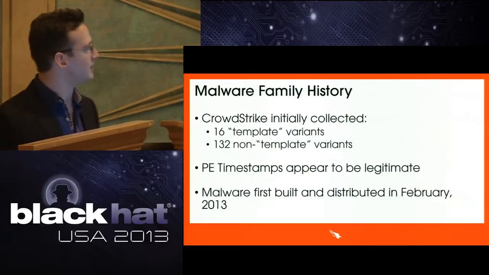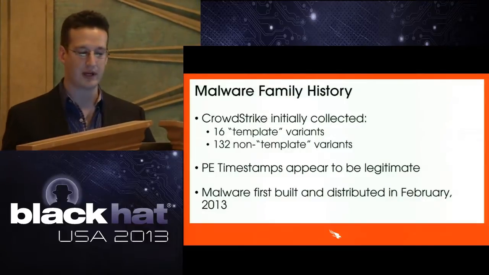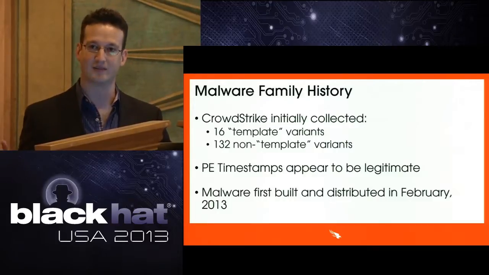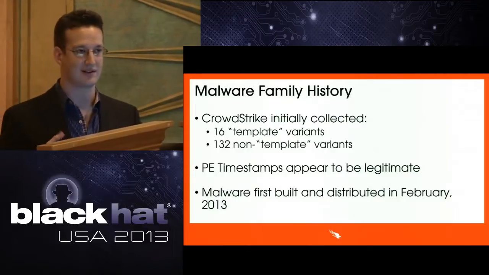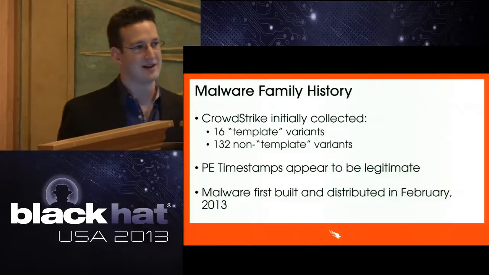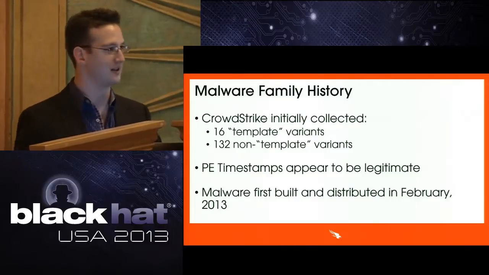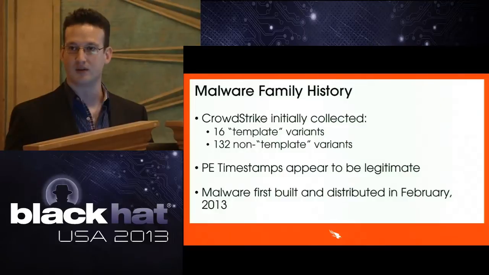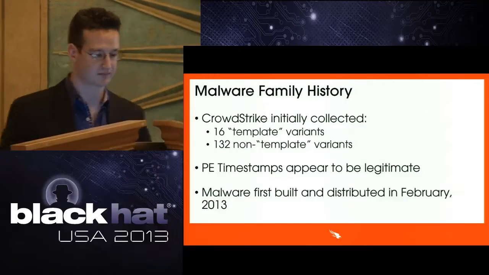So as it turns out, 132 of the 148 variants that we collected used randomized data, but 16 used these template variants. And my guess is that the malware author had originally written the malware to use the template variants and then wrote the next version to use randomized values. So these 16 that we found maybe weren't supposed to be let into the wild.